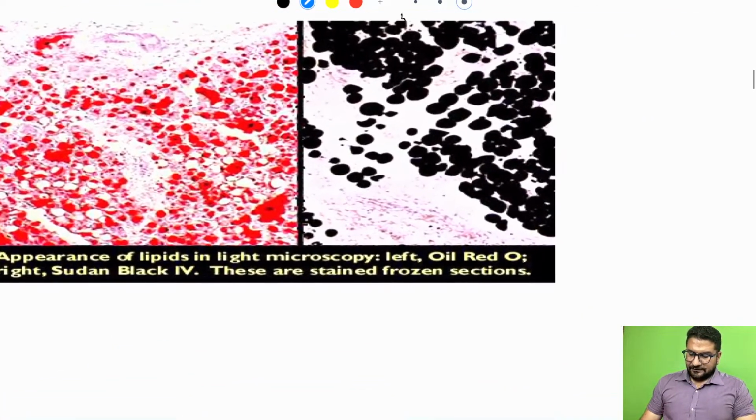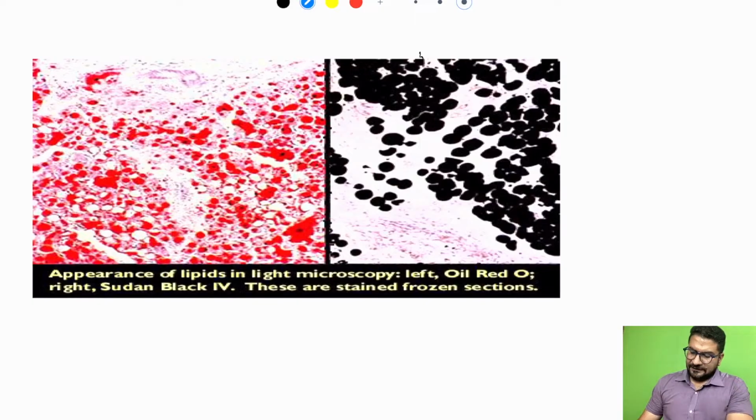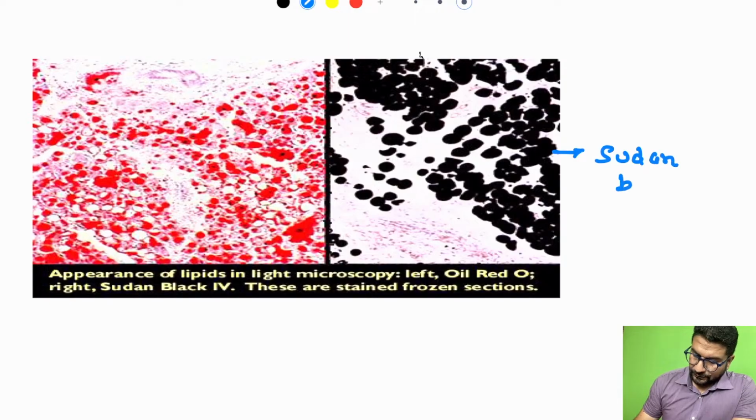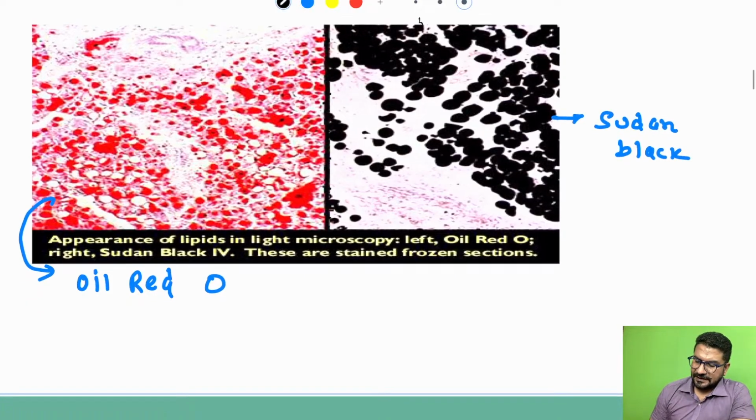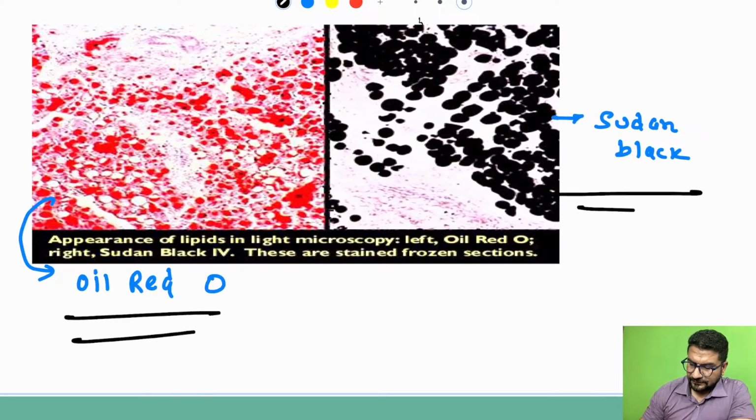Okay, so you can see a black color stain. This black color stain is called Sudan black. And this is a red color stain, we call this oil red O. Sudan black and oil red O are two stains, and both are used to stain fat or lipid.